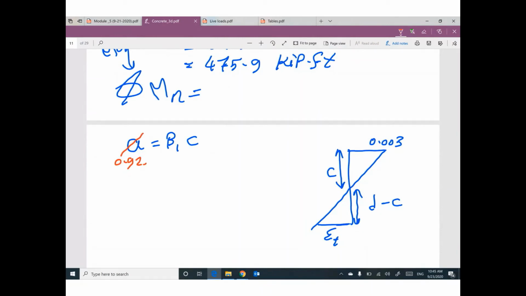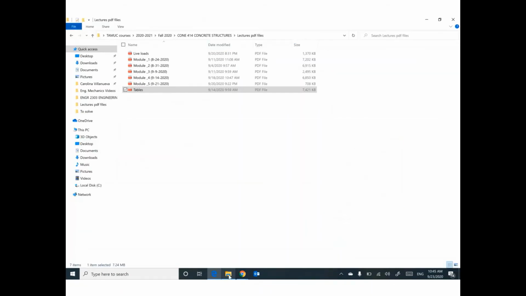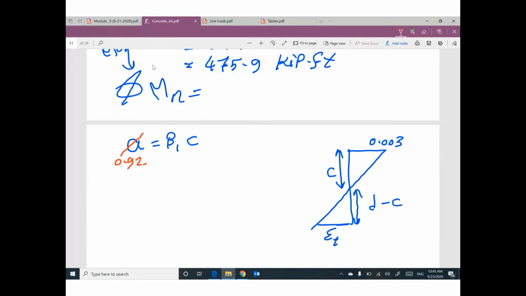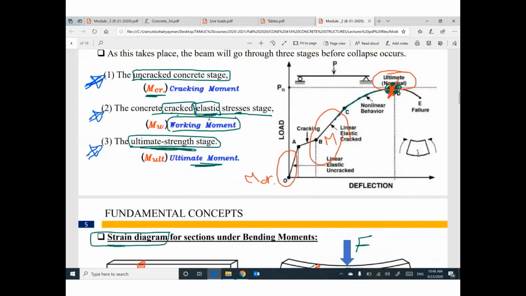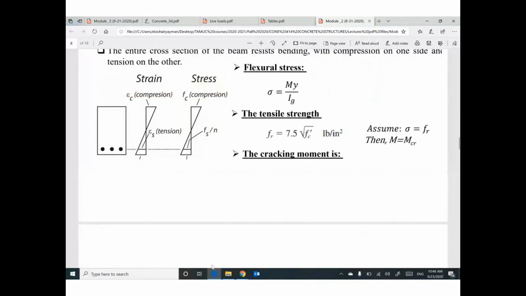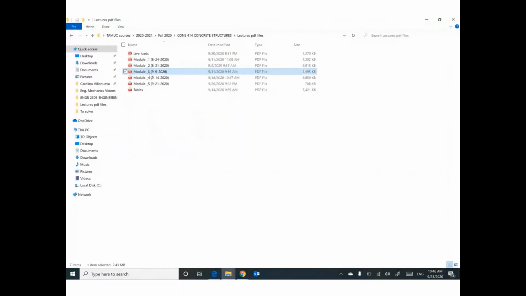So I will go back to your second module, I think. No, third module. We have a table here in the third module. There you go.